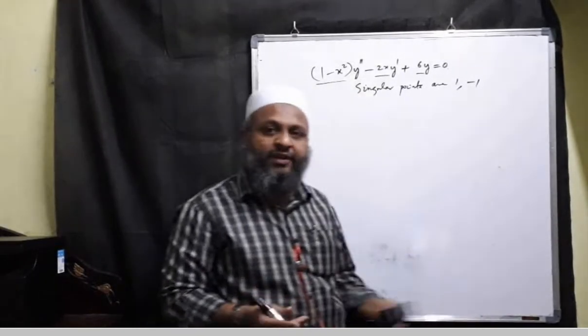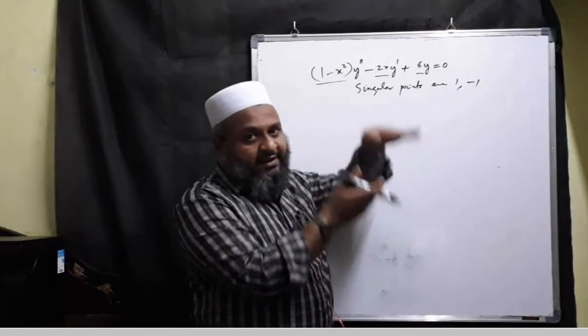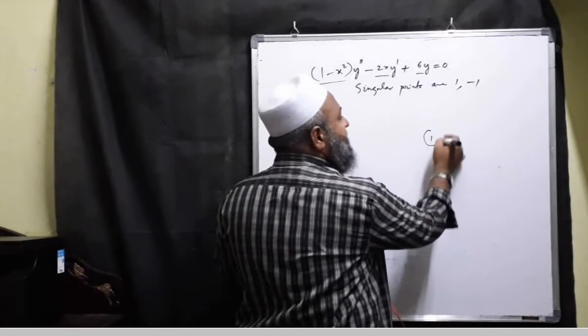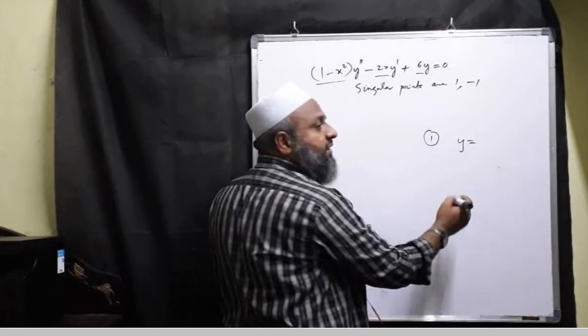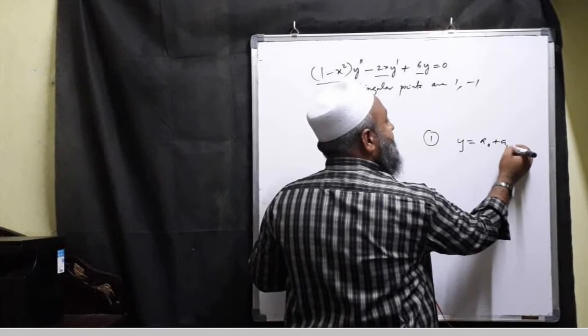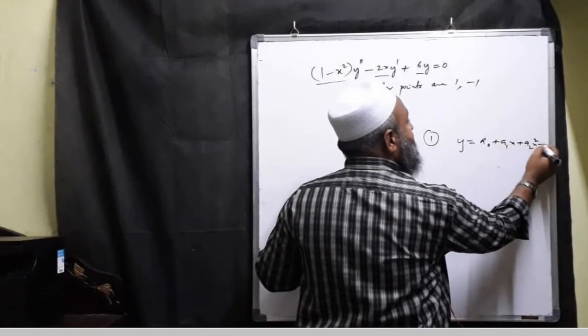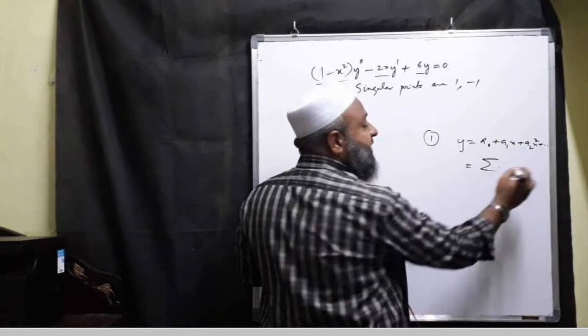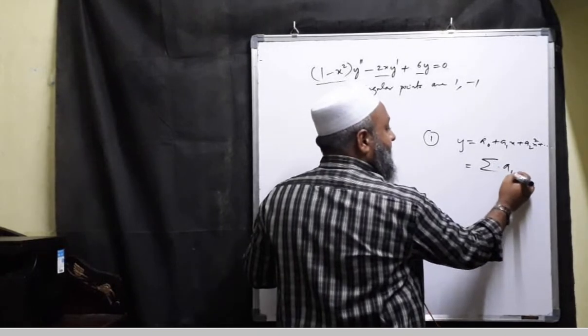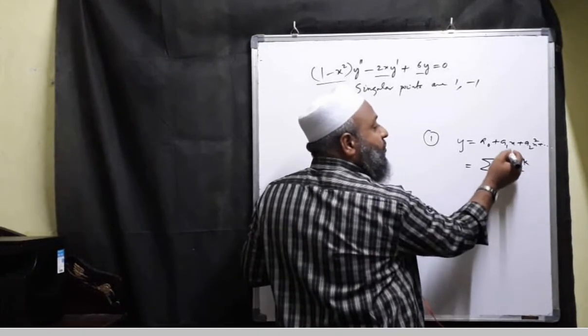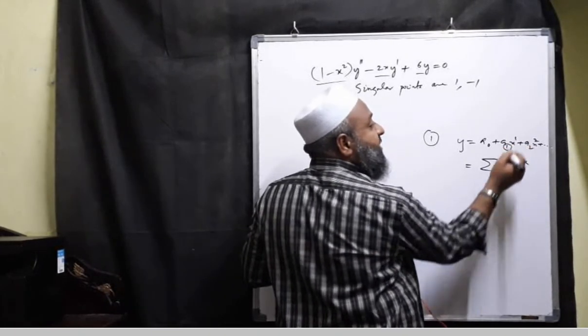You know very well that the method is applied by following simple procedures. First write y in the form of a0 plus a1 x plus a2 x square, and so on. It is better to write it as the sum of ak x to the power k. You can note that this suffix is the same as the power.